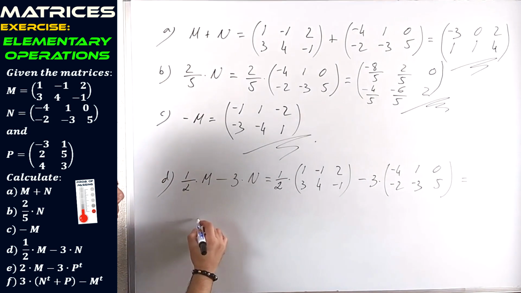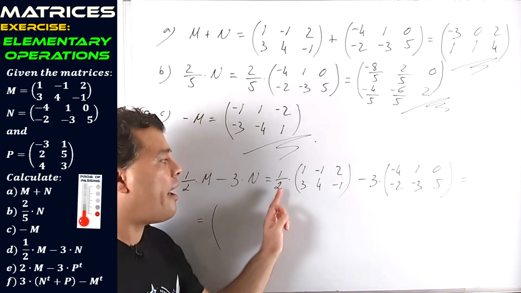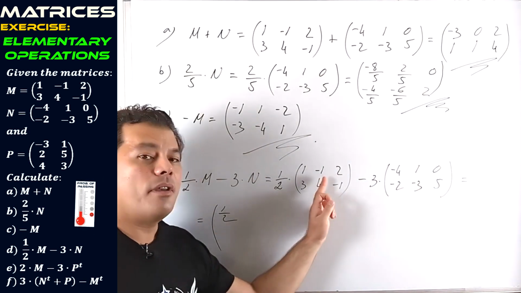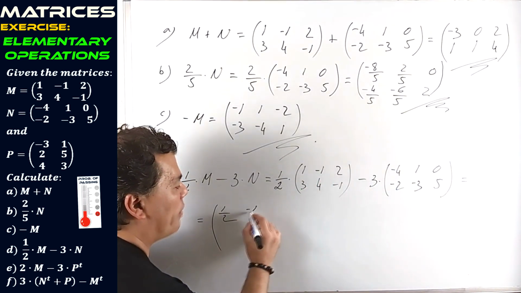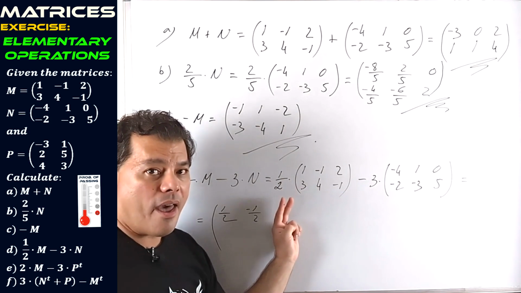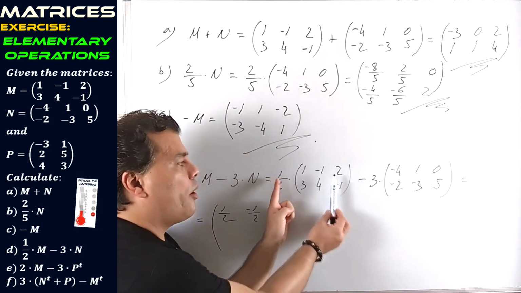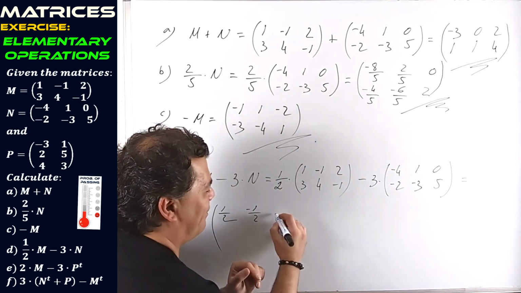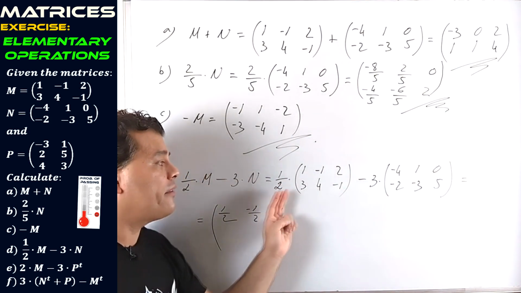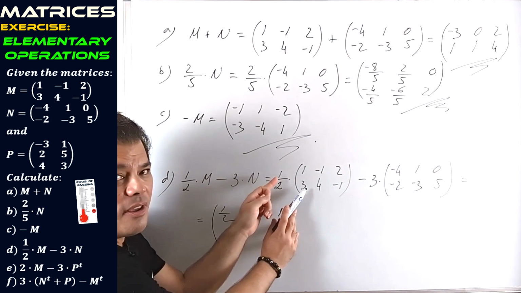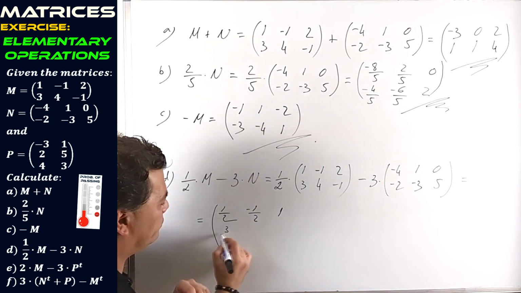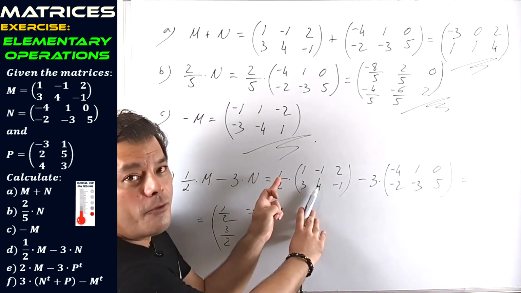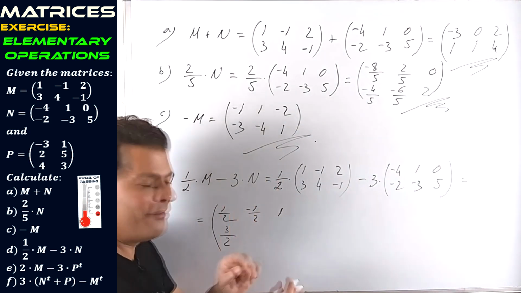Look. 1/2 times 1 is 1/2. 1/2 times negative 1 is negative 1/2. 1/2 times 2 is 1 times 2 is 2, and 2 divided by 2 is 1. 1/2 times 3 is 1 times 3, 3/2. 1 times 4 is 4, 4 divided by 2, 2.